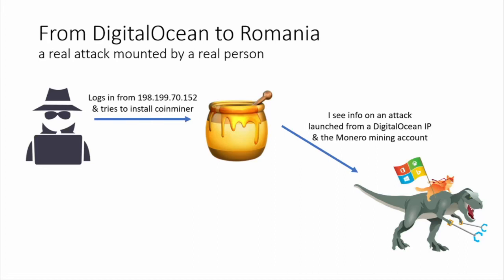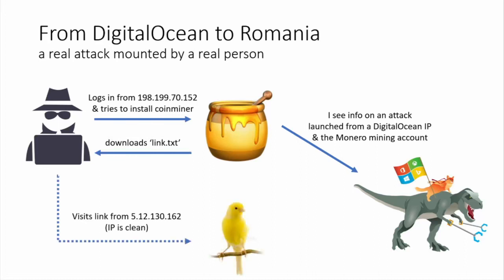But this attacker also downloaded link.txt. And they took link.txt and they used different infrastructure to visit that URL, so a clean IP address. And that IP address linked them back to Romania. So that's really good. We've got additional information that we would not otherwise have got.